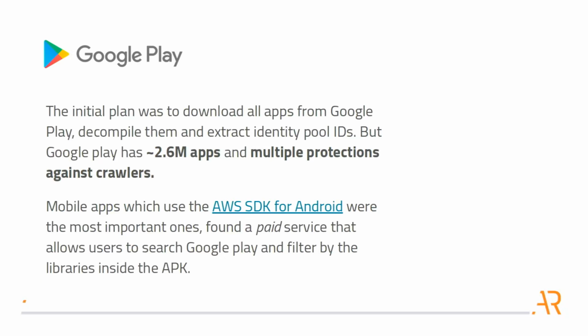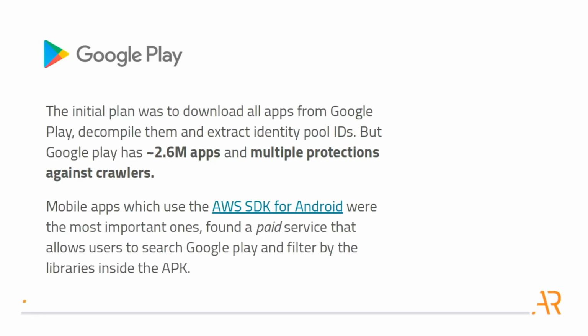And they have protections against automating downloading of all of the applications. So it's not easy, at least I had a week for this research. So it's not easy to automate the whole process in just a week or download 2.6 million applications.